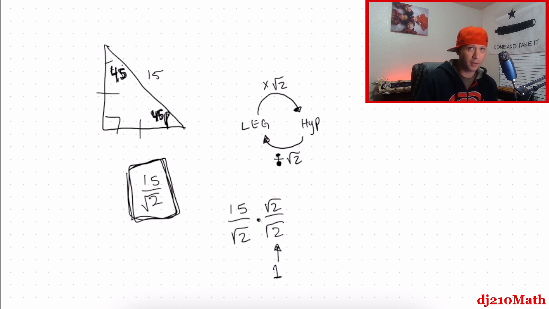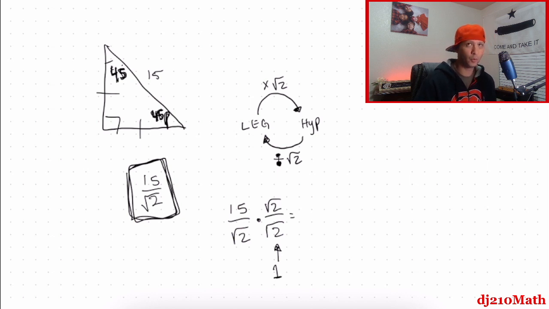So what's happening is that we're multiplying this by 1. So we're not changing the value, right? Because anything multiplied by 1 is itself. However, we're using a clever 1. And in this case, whatever is in the denominator, that's the number that we're going to multiply top and bottom by. So root 2. So when we're multiplying the bottom, just like we just said, inside times inside.